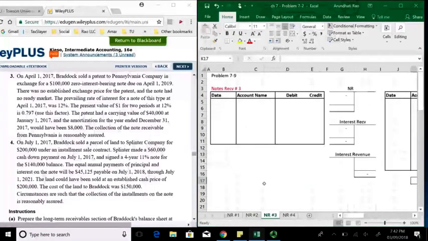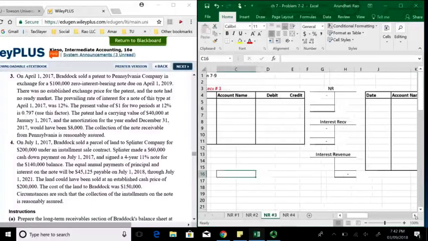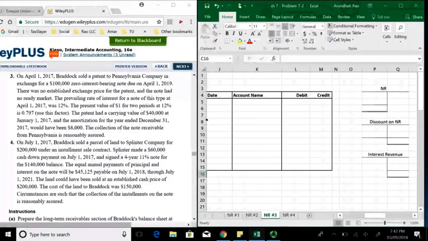And let's see whether we need 2016 or not. We don't, because it starts in 2017. So I'm going to slide over here to come to 2017. Okay. On April 1st, 2017, Braddock sold a patent to Pennsylvania Company in exchange for a $100,000 zero-interest-bearing note due on April 1st, 2019.